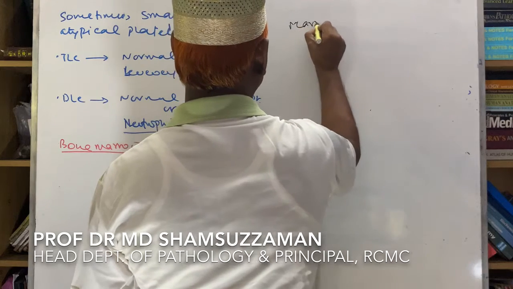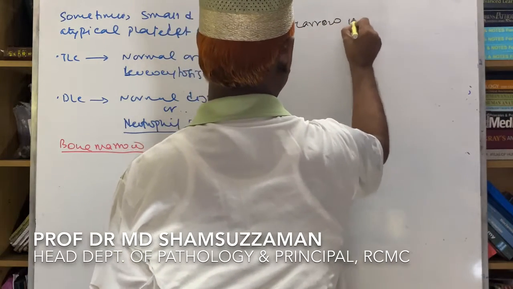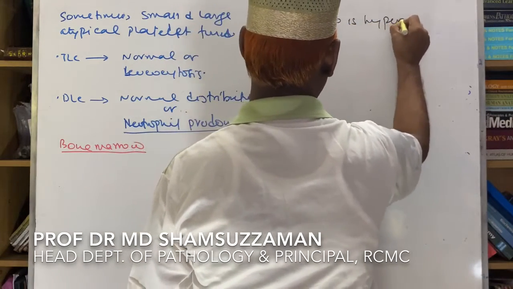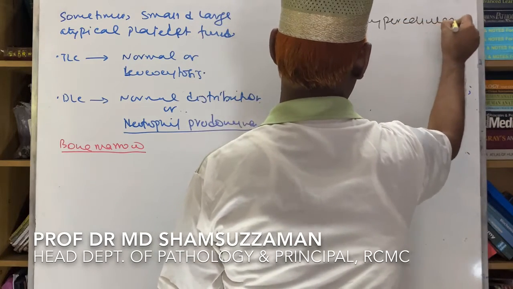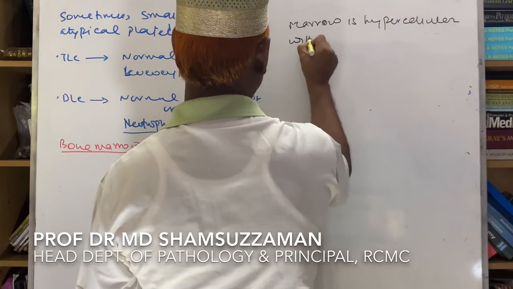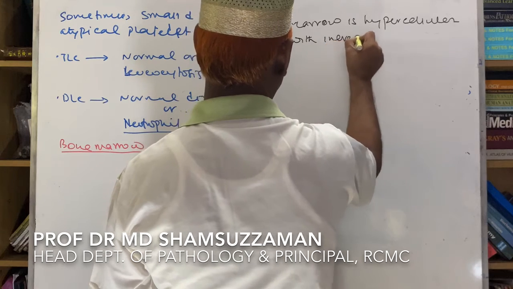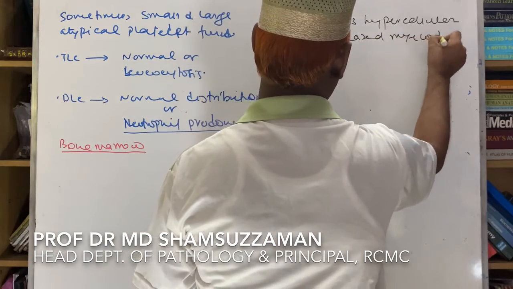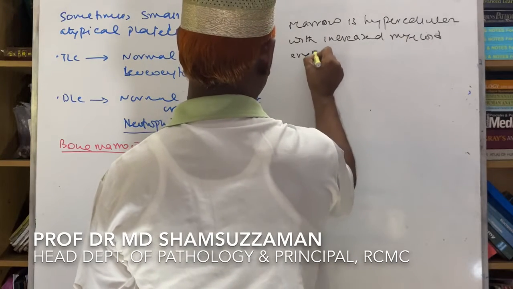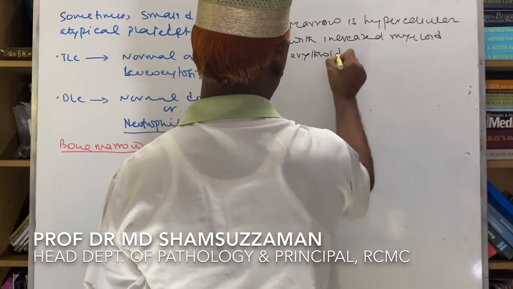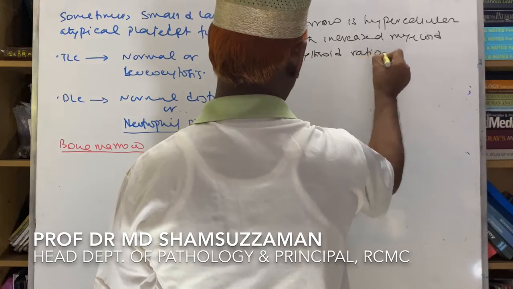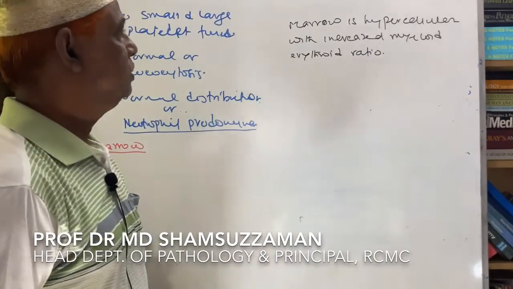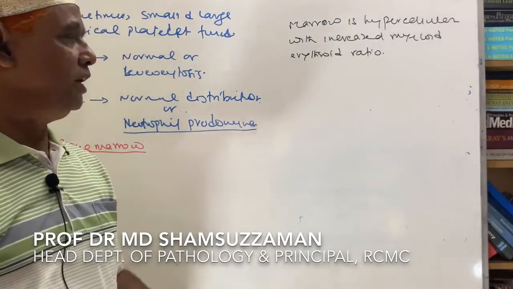Marrow is hypercellular with increased myeloid erythroid ratio.